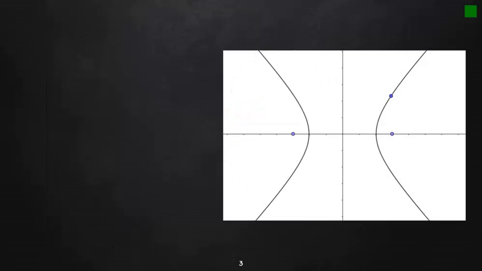If we have a hyperbola of the equation x squared over a squared minus y squared over b squared equal to 1, the center would be at (0, 0). Given this graph, the center is at (0, 0).